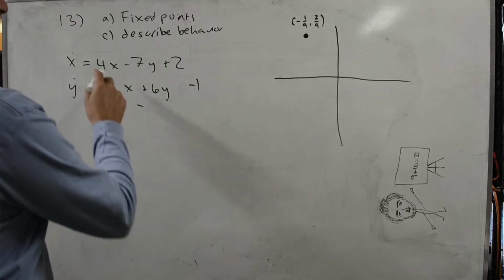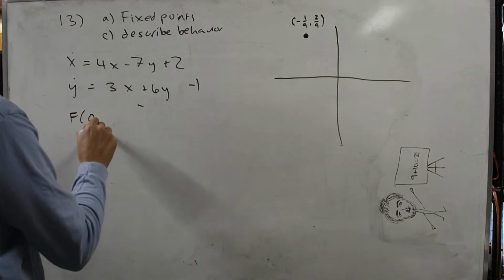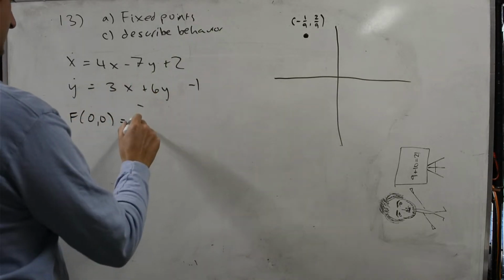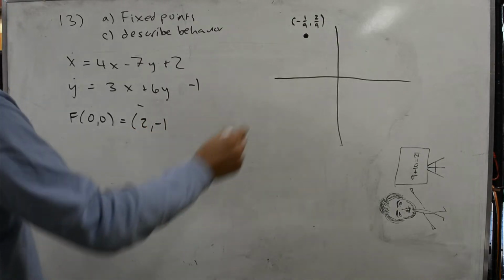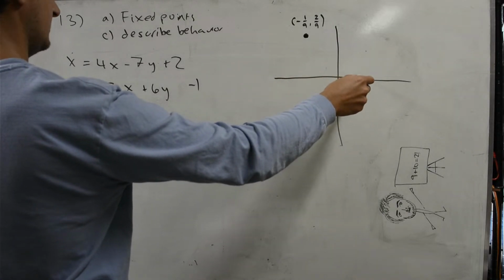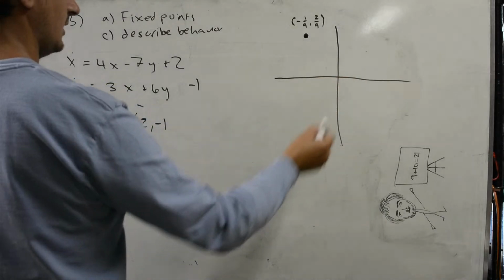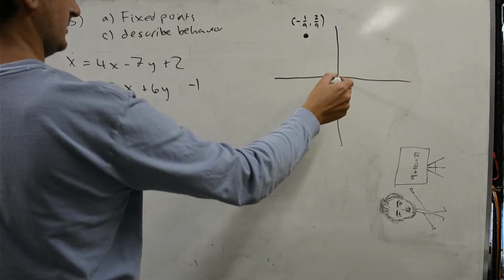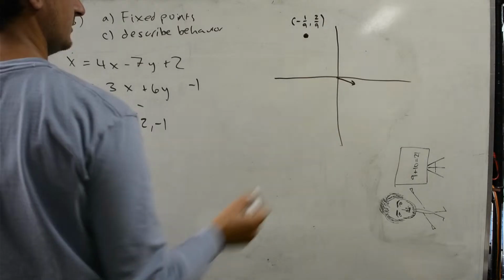All right, let's just do 0. So f of 0, 0 is going to be 2, minus 1. So here we're going to be going this way. Oh, so we're going to be going kind of like this way.